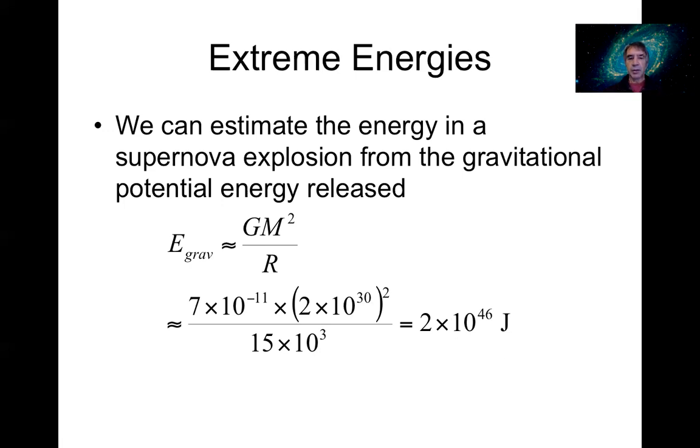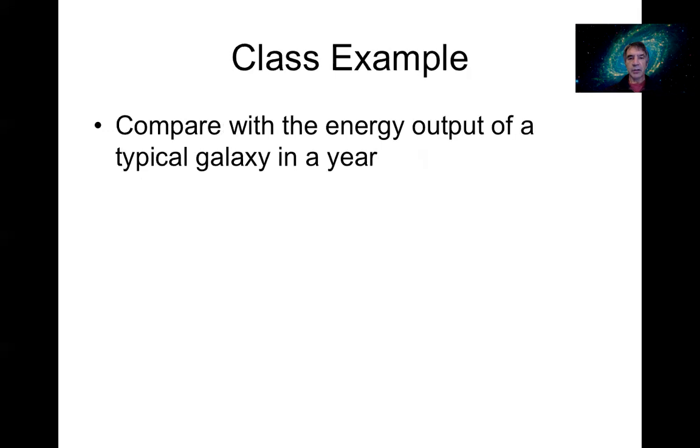Okay. So, as a little example for you to have a look at during the break, why don't you compare that amount of energy with the total amount of energy output in radiation from a typical galaxy in an entire year. So during the time that the supernova explosion is going up and down, how much energy is an entire galaxy worth of stars putting out? Okay.